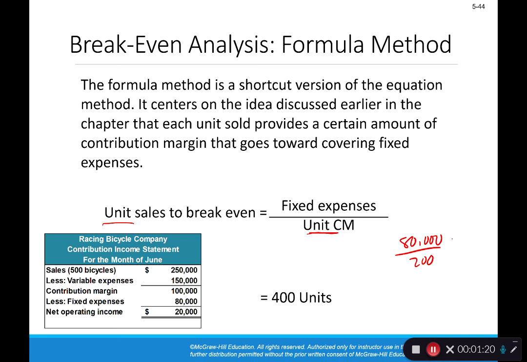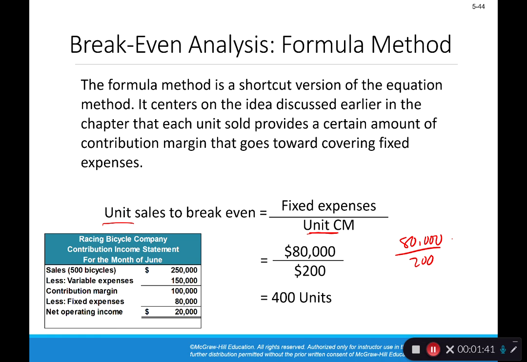Why does this work? Because whatever happens to CM happens to profit. And when our CM equals our fixed cost, profits will be zero. So that's what this formula is figuring out: how many units do we need to sell to make sure fixed cost and CM are the same, so profit would be zero.